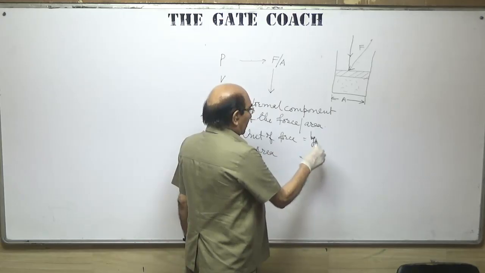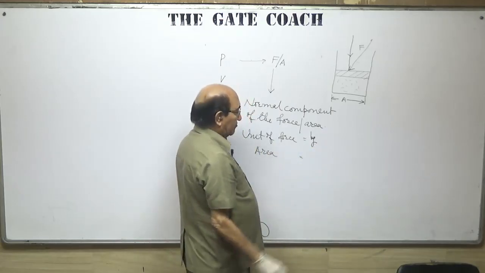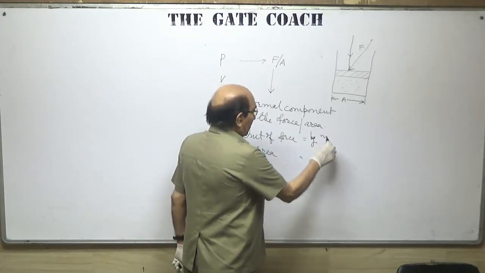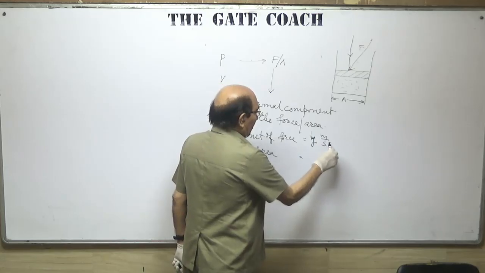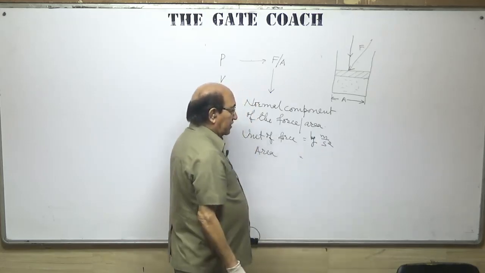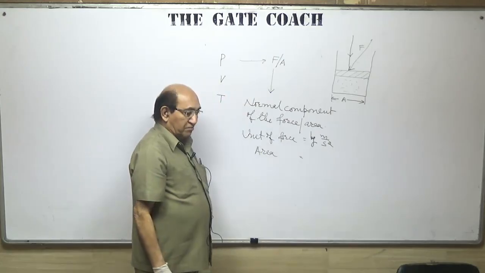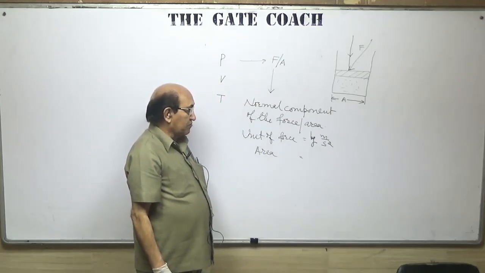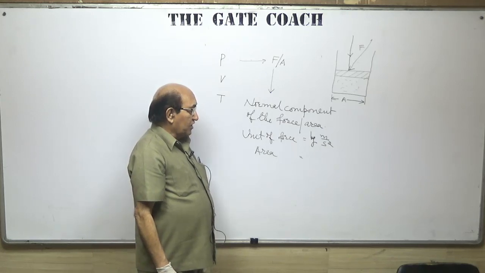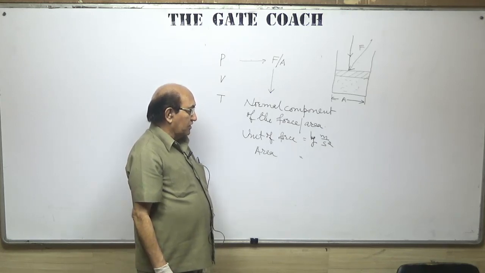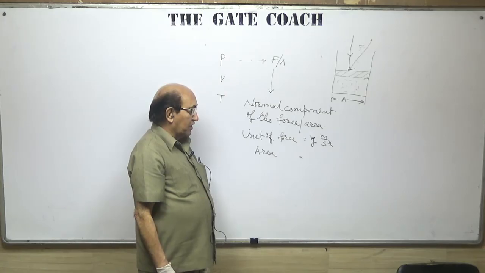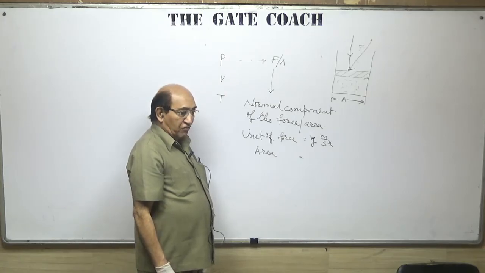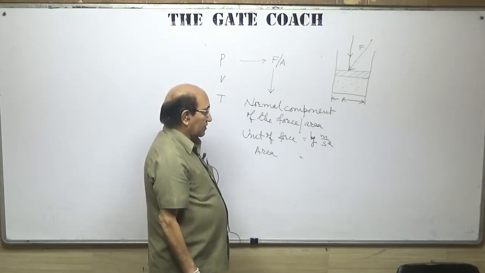Mass in kg, velocity per unit time shall become meter per second, that means meter per second square. That means a mass of 1 kg subjected to an acceleration of 1 meter per second square.